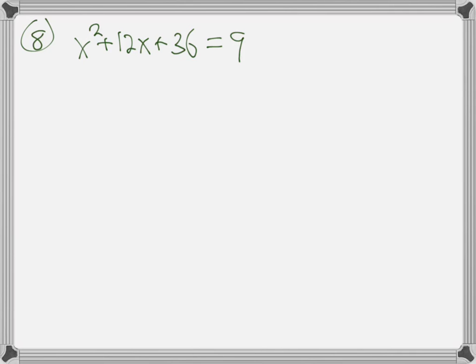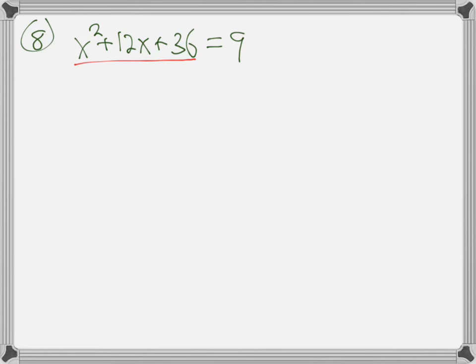Okay. So on number 8, these three, what are we going to do with them? What's that? Yeah. See, the trick on this one is if we factor that, we could do some trick.